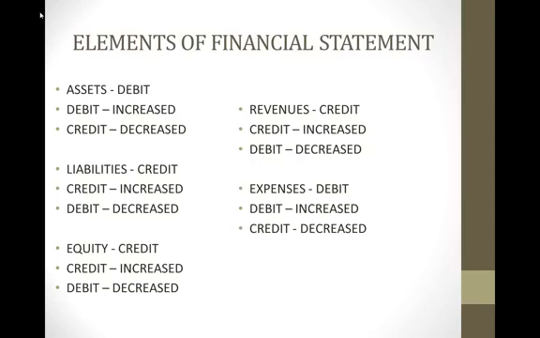Now, let's summarize these 5 elements. As you can see, assets and expenses have a normal debit balance. But in the increase or decrease concept, only the asset will be the real account for purposes of journal entries.